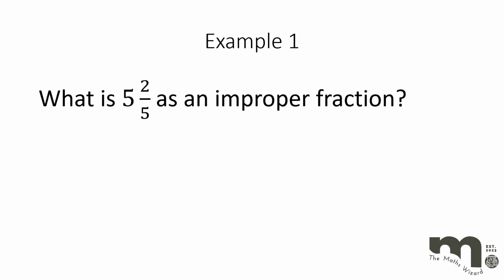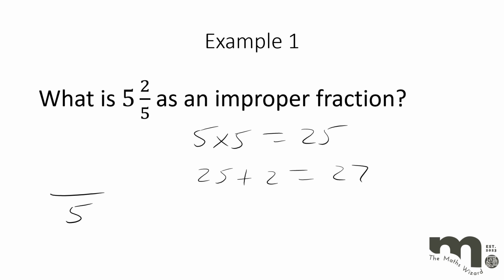Okay, so if we look at this one here, the way that we do it, we're still going to have our denominator as 5. So we do 5 times 5, which is 25. So if it was 25 over 5, it would just be the 5 on its own. Then we've got to add on that 2. So that will give you 27 over 5, just there.